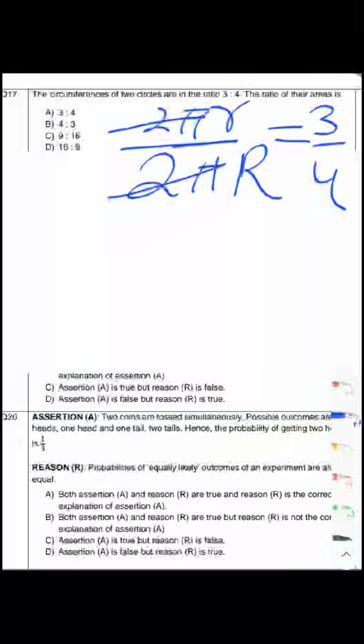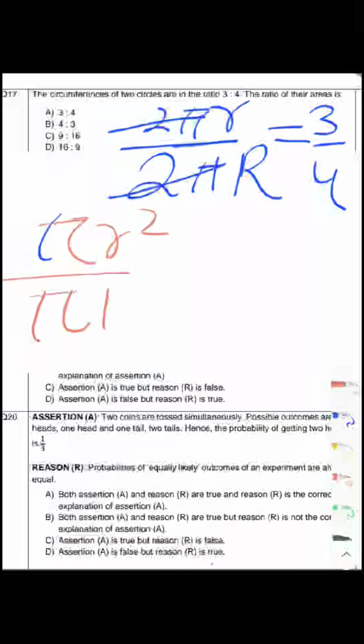Now the formula of area of circle. What is the formula of area of circle? It is pi r square upon pi capital R square. So pi, pi cancel. You know here small r upon capital R is how much here? 3 by 4.